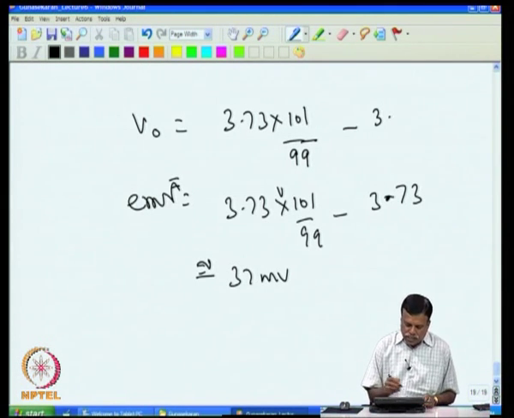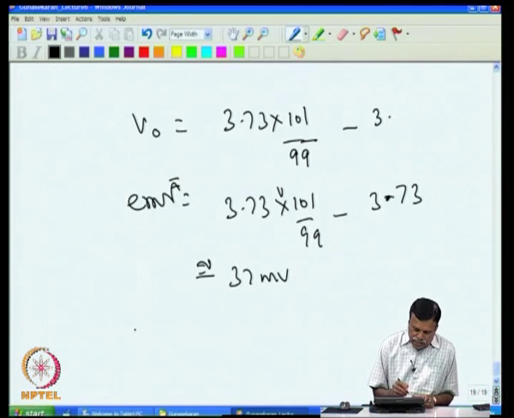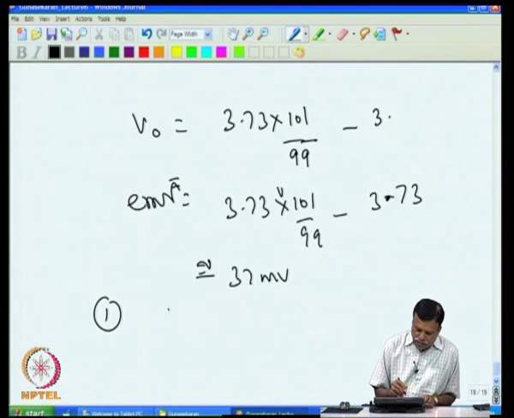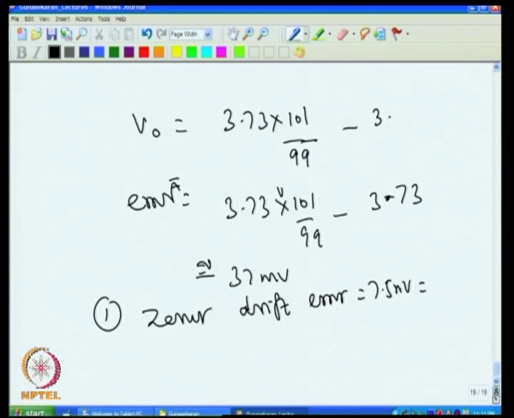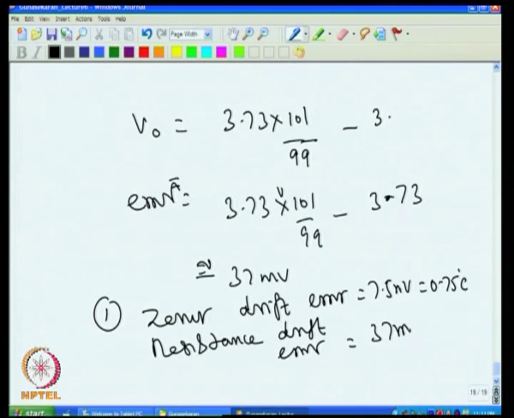So, if we look at our circuit now, we have calculated 3 errors so far. One is Zener drift error, which was 7.5 millivolt, corresponding to 0.75 degree at the output. Then we had resistance drift here, equal to 37 millivolt, that is 3.7 degree error.